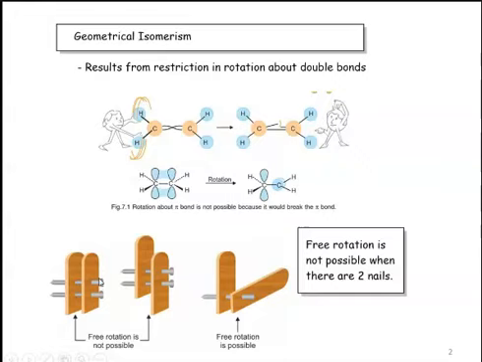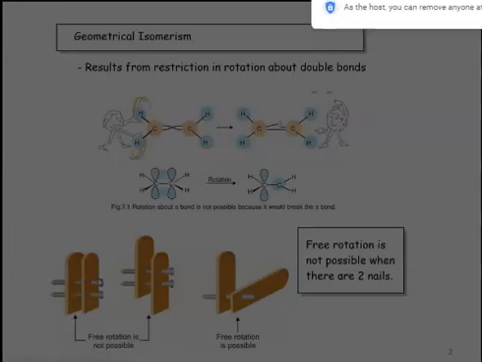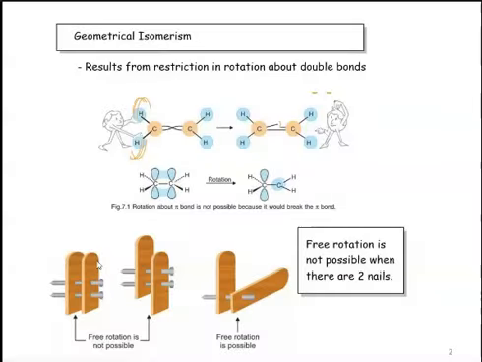Let us assume that these two nails represent the double bond of an alkene molecule, whereas the nail which is joining the two pieces of ply represents a carbon-carbon single bond.